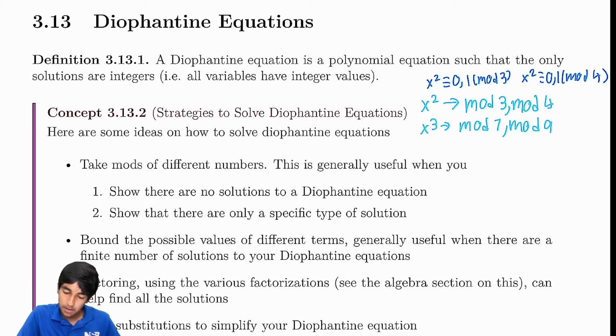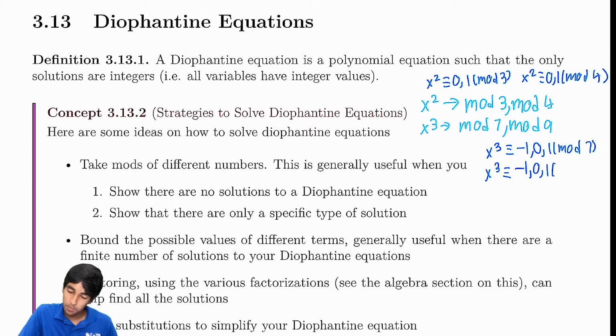I believe x cubed can only be -1, 0, or 1 mod 7. And for mod 9, it's something similar, I believe. Yeah, I think it's the exact same: -1, 0, or 1 mod 9. So this gives us a lot of restrictions on what the value of x could be in these mods if you have cubes. You want to consider these mods.